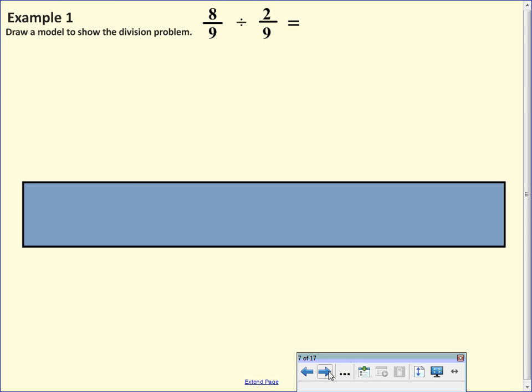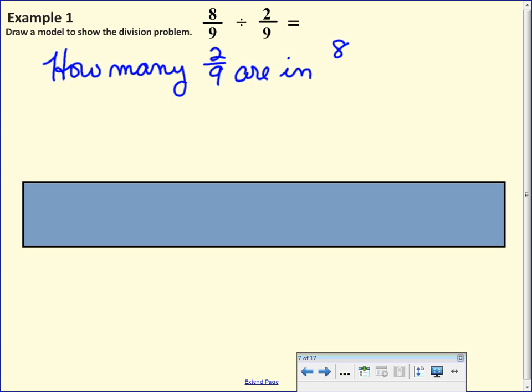Draw a model to show the division problem 8/9 divided by 2/9. So let's think about how we can rewrite that. What does that mean? I want to find out how many two-ninths are in 8/9, because that's what we did in our example.